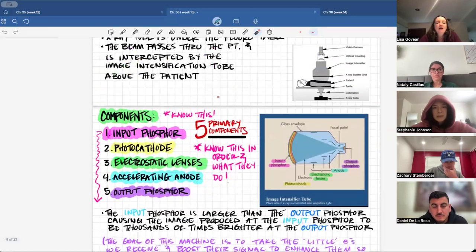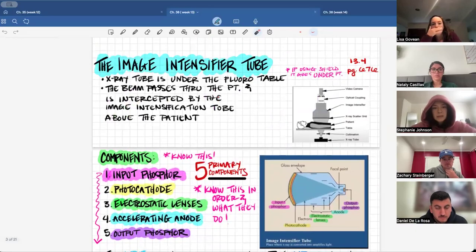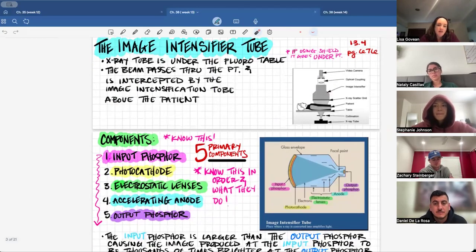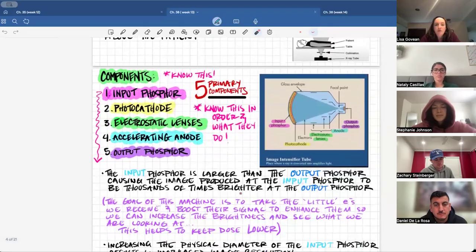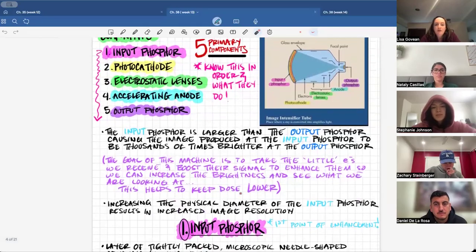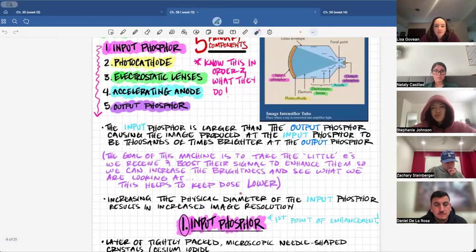It was great clarification to finally find out what an II is, because at clinical sometimes they say II and sometimes they say IR, and I'm like, well, what is the difference? And no one really explained it to me. So I thought this was really helpful. I just wanted to go through it if someone felt comfortable with this information.